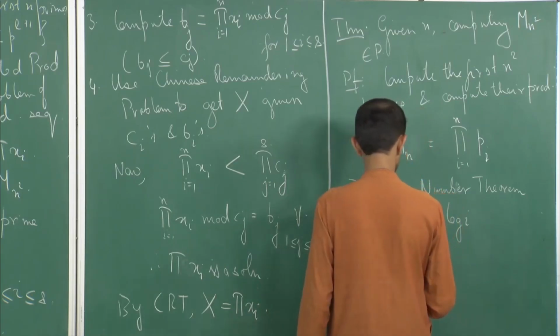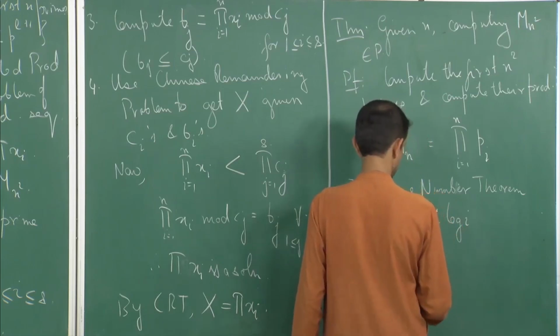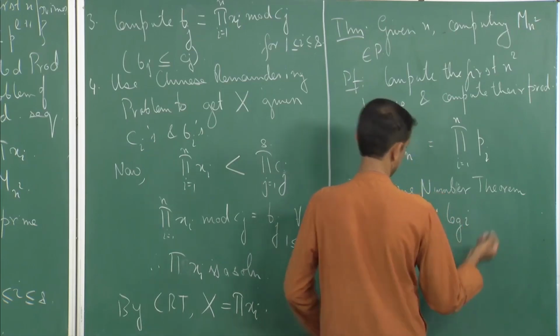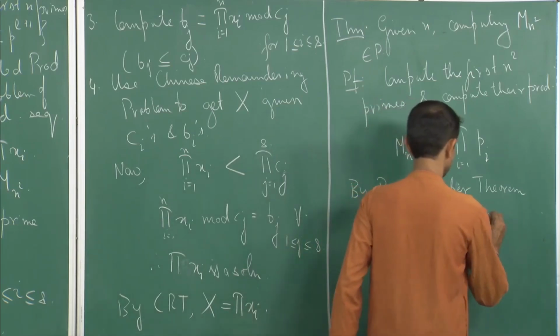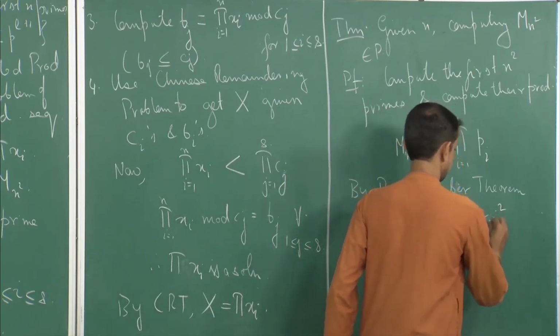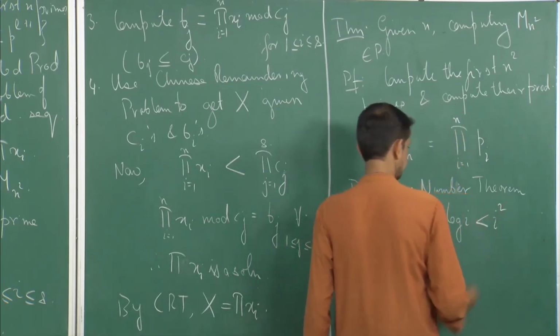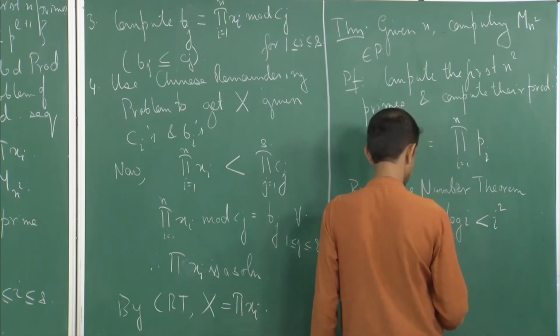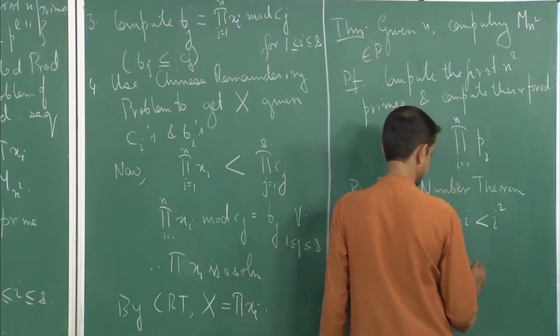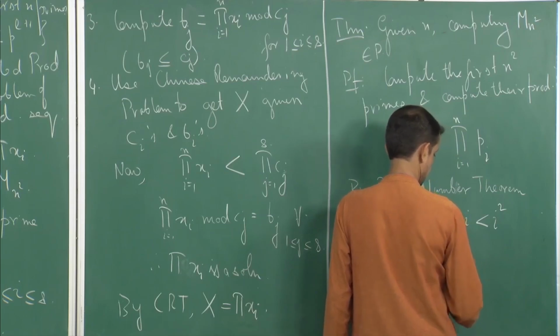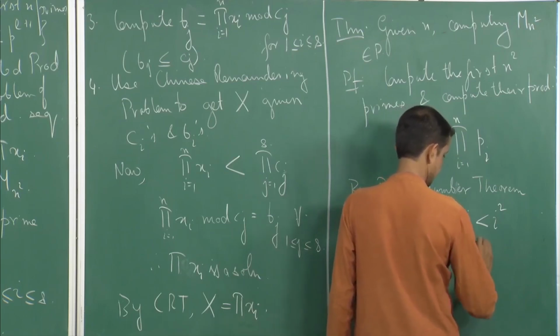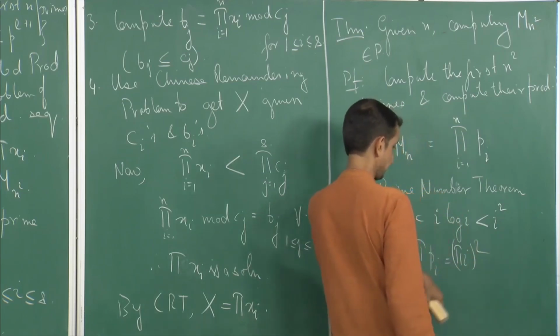Okay. So therefore, i log i is of course less than i square. So I can write the product of pi's as the product of i whole square, i going from 1 to n.